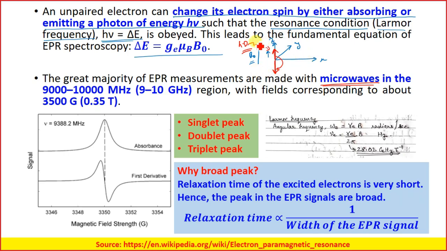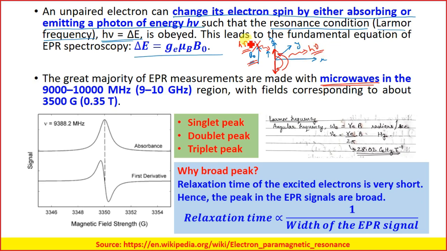Now when I am blocking this h mu to the sample, it will try to come back to its original position, which is parallel to the B0 component, and during this flipping process it will give up the radiation.